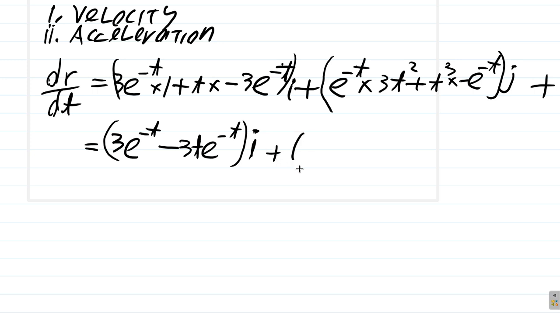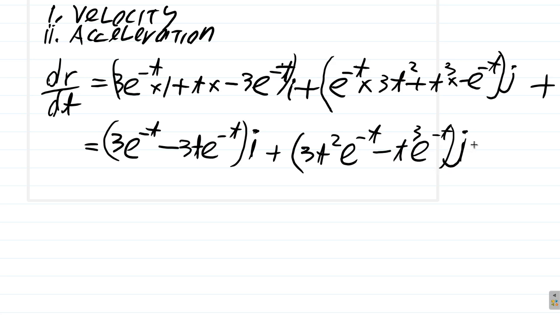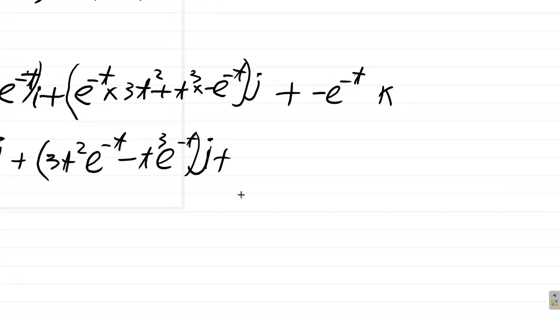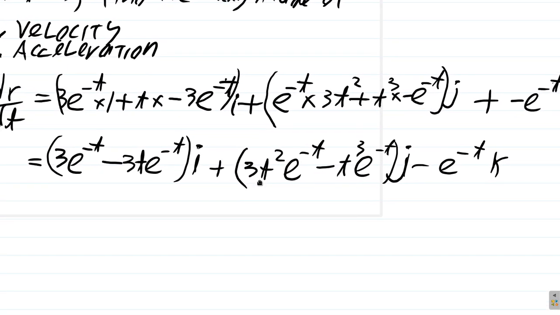Plus, let's see now, 3t squared e to the negative t minus t cubed e to the negative t, j, plus, the note here, going to be a minus, minus e to the negative t, k, alright? So you have the velocity there.